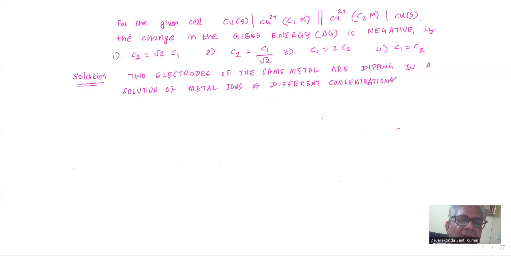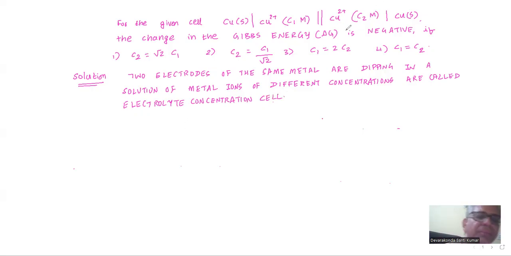Two electrodes of the same metal dipping in solutions of metal ions of different concentrations are called an electrolyte concentration cell.